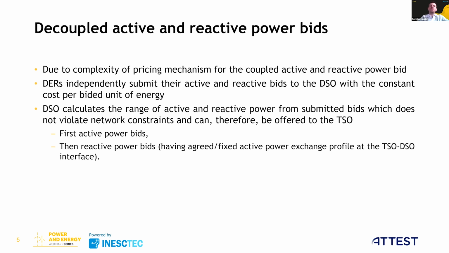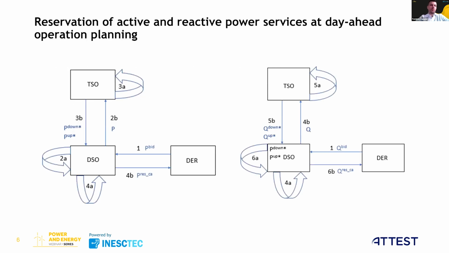In the initial stage, the distribution system operator calculates the range of active and reactive power from the bids that were given by the flexibility resources in the network, and it checks if the network constraints are violated. Just to show you a diagram, and I'll explain the diagram.